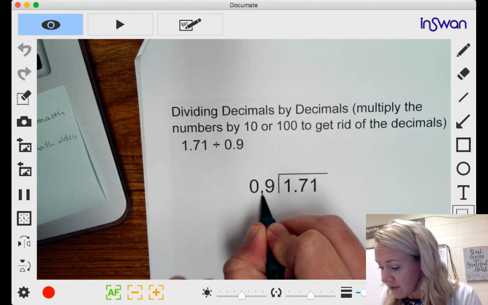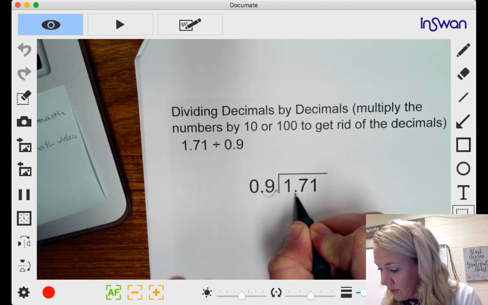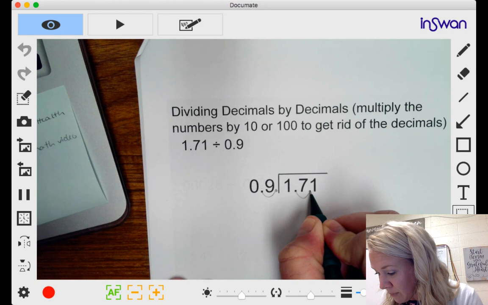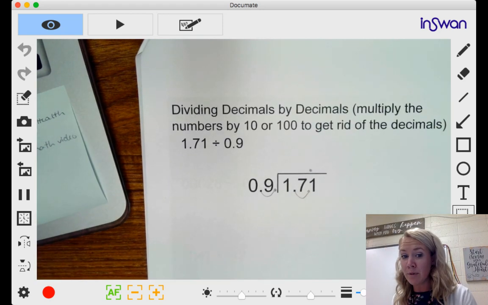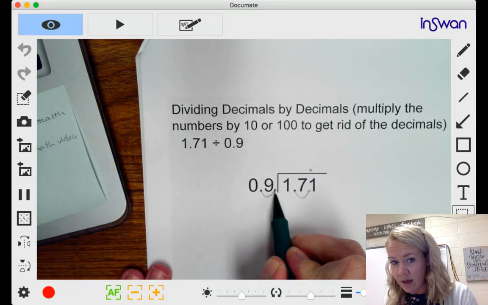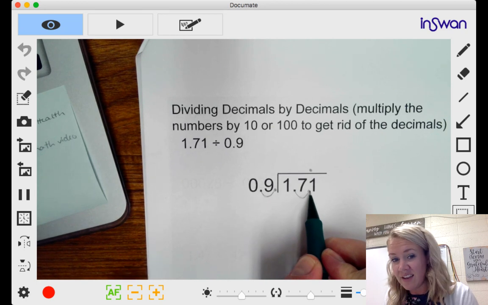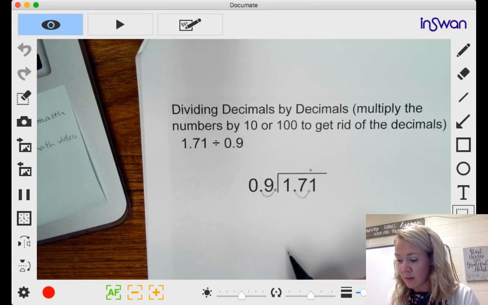If I multiply this number by 10 and move my decimal, I also then have to multiply this number by 10. That's what I was showing you on the page before. If I multiply both numbers by 10, I'm not changing my answer at all. So I moved my decimal 1 on the outside, so I had to move it 1 on the inside. That's multiplying both numbers by 10. And then I moved my decimal up top.